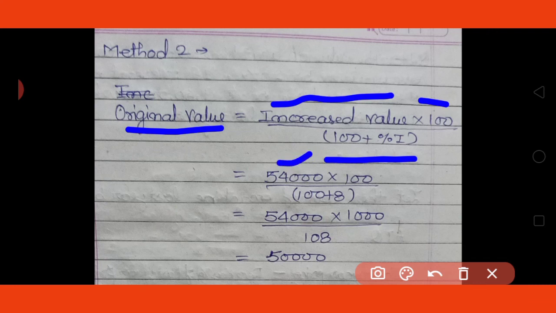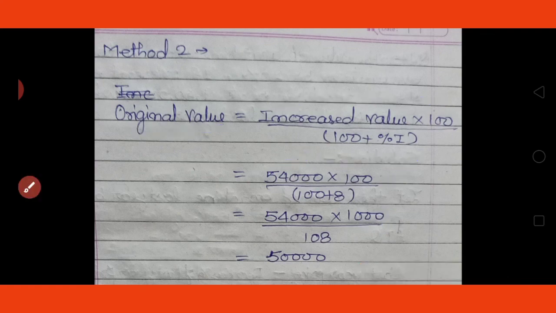So 54,000 was the population which was changed after 1 year, and multiplying with 100 upon 100 plus 8 is equal to 54,000 multiplying with 100. By mistake I have written 1000, you have to correct it, and divided by 108. After the multiplication and division, we will get 50,000. So any method, whatever method you understand that is easy, you can use.